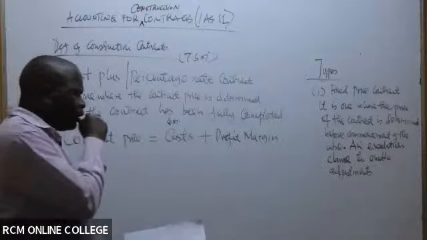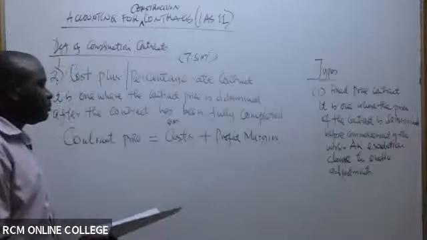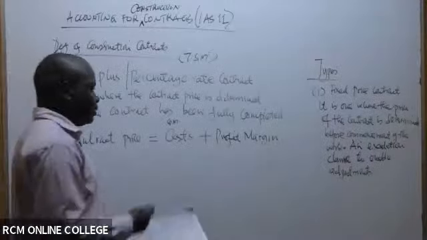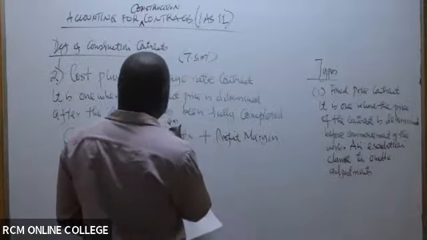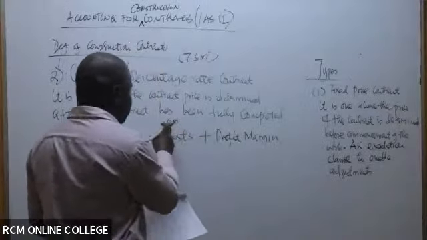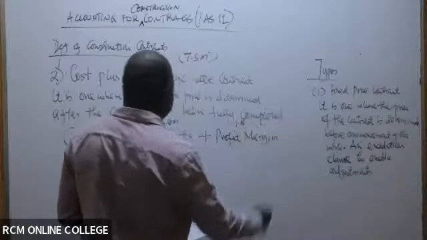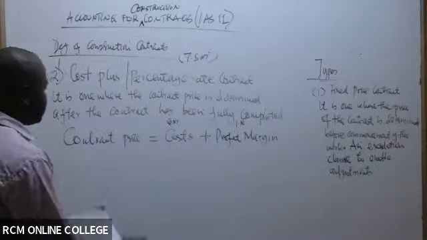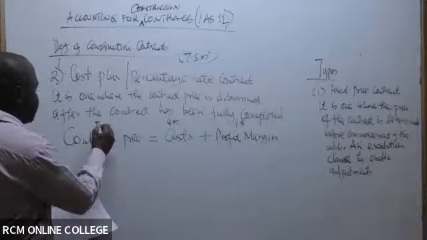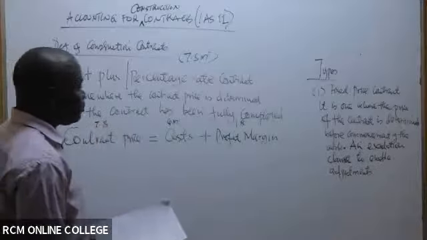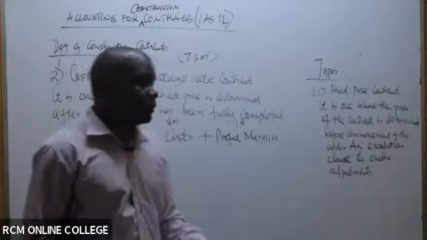Maybe you can say 30%, which ends up being 1.8 million. So in total, the contract price will be 7.8 million.